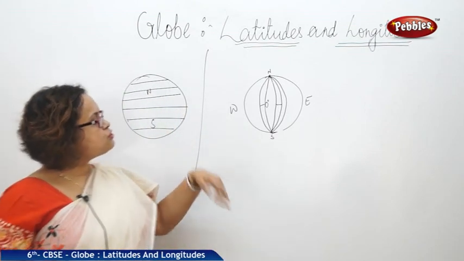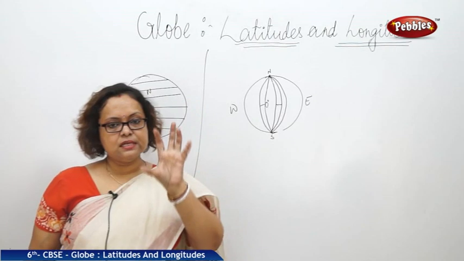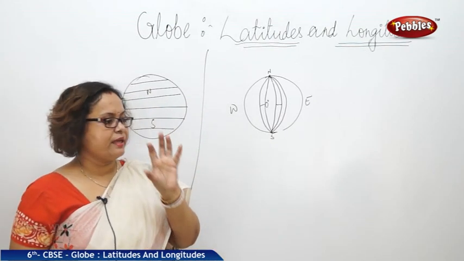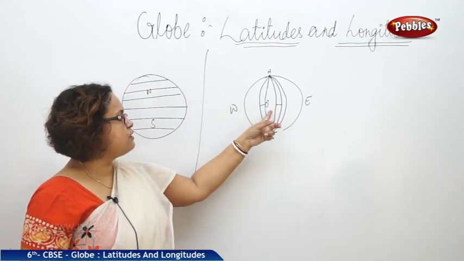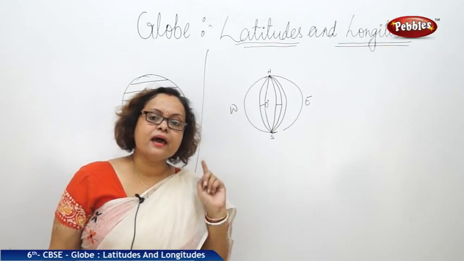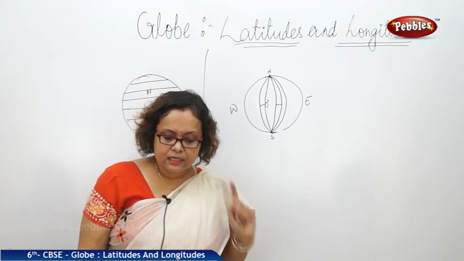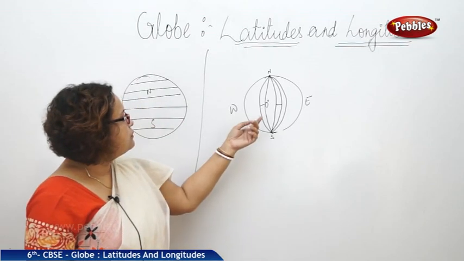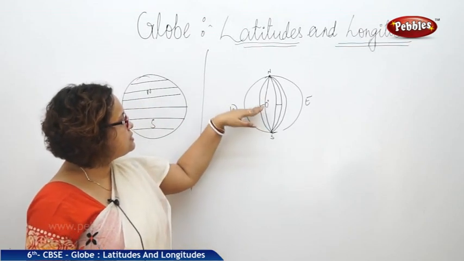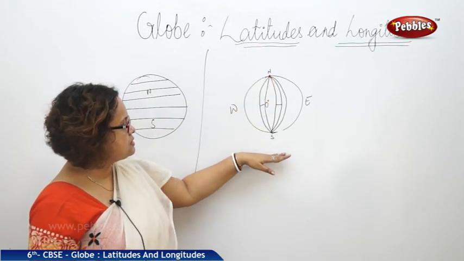And the opposite side of the earth, if you see it on a globe, the opposite side of 0 degree is measured as 180 degree. Now, at the poles, the distance is 0.